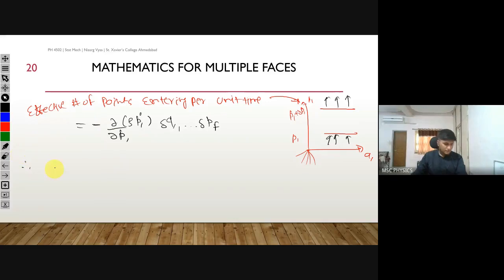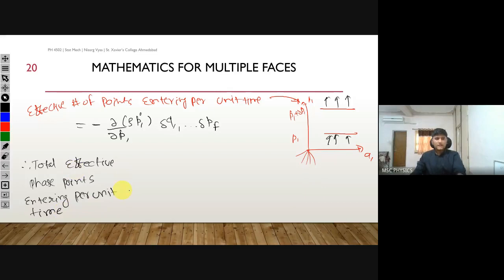Therefore, the total effective phase points entering per unit time. How should we write this number?